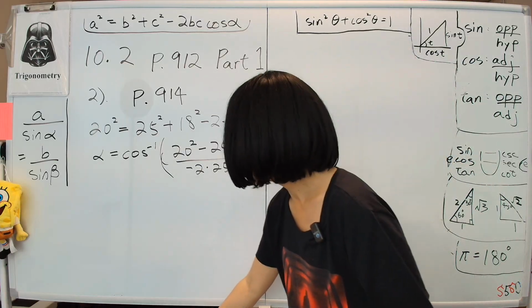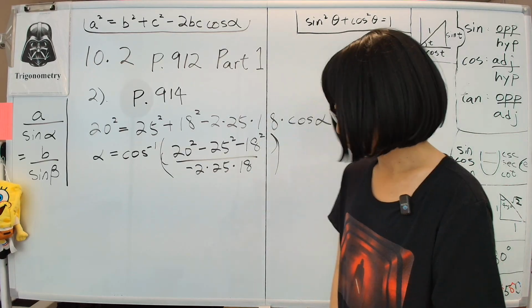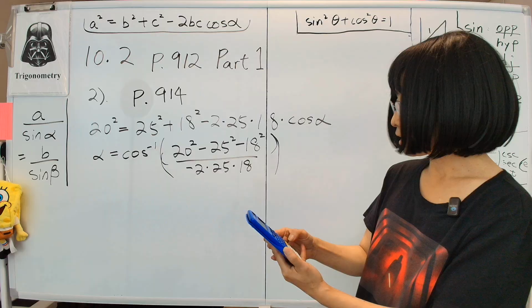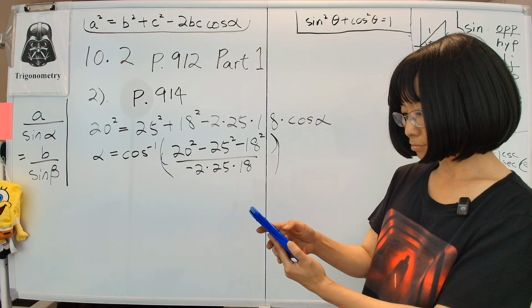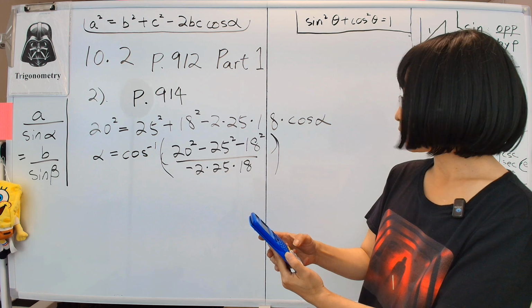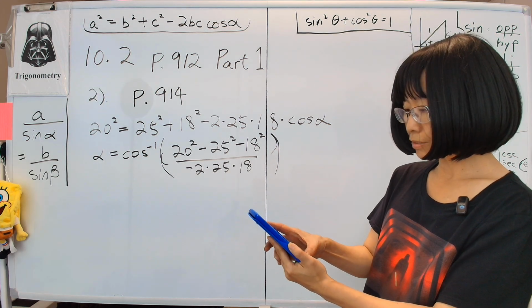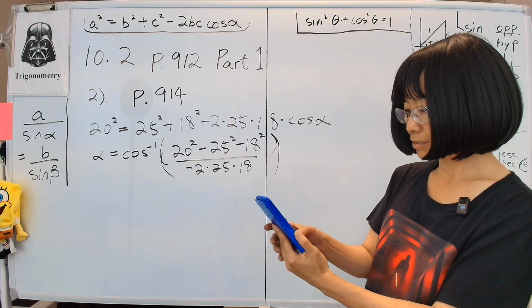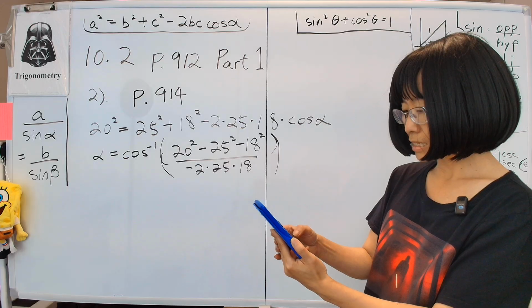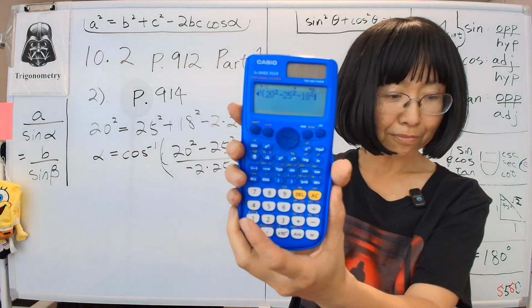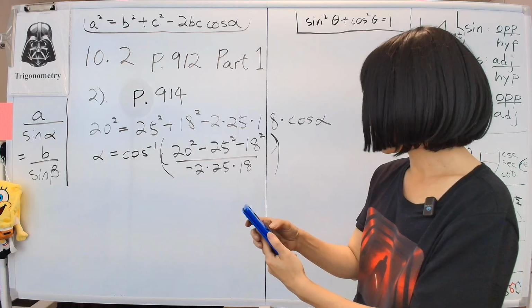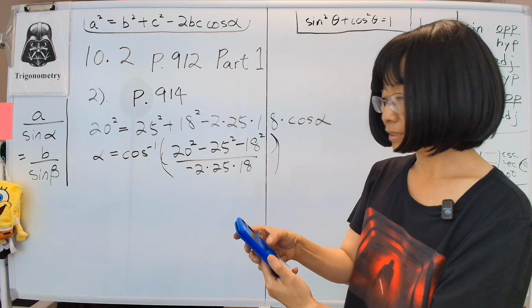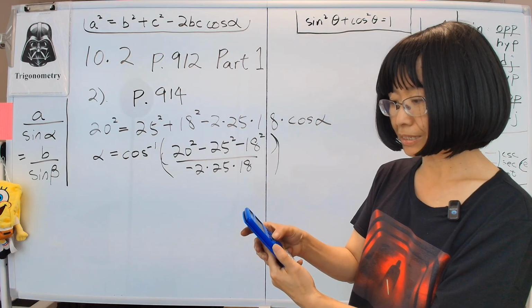Let's pull out the calculator as soon as I find it. There it is. And figure out what this thing is. The answer is inverse cosine of 20 squared minus 25 squared, and then minus 18 squared. I have written this, but I need more parentheses, because I have a division here, so all the numerator has to be inside parentheses.